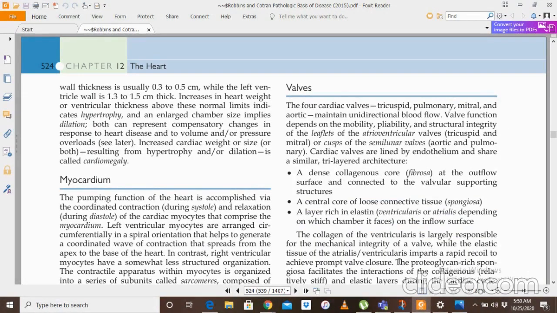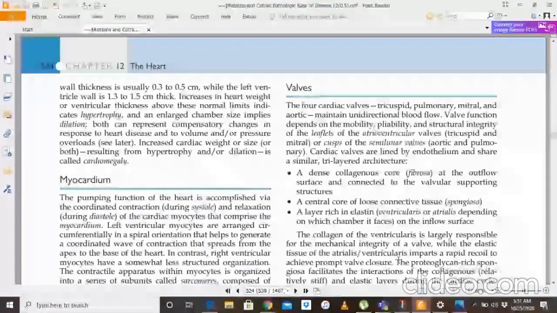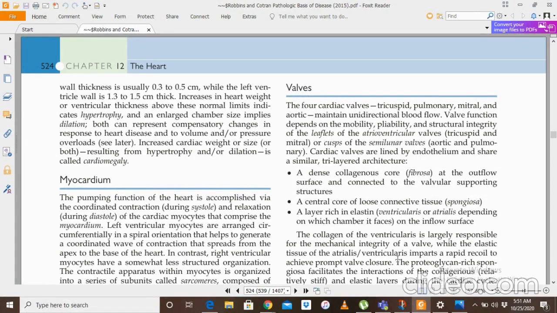The right ventricular wall thickness is usually 0.3 to 0.5 centimeter, while the left ventricular wall is 1.3 to 1.5 centimeters thick. Why is the left ventricular wall thicker than the right?